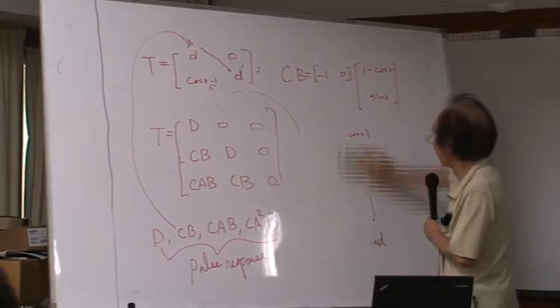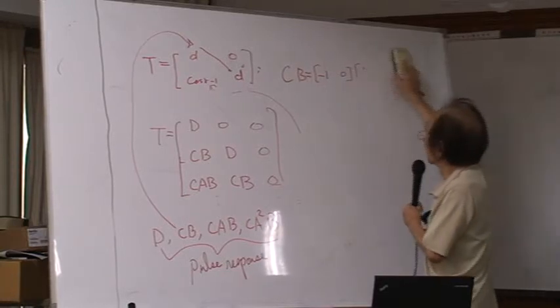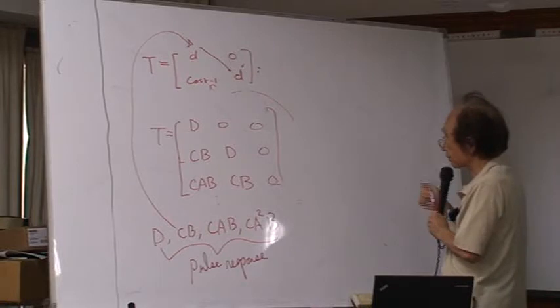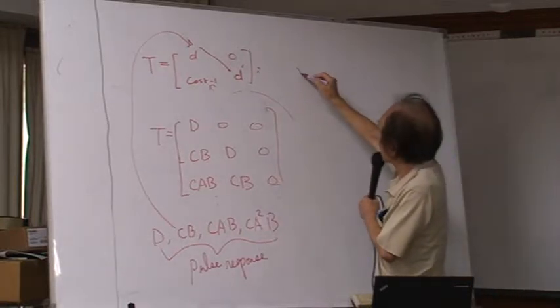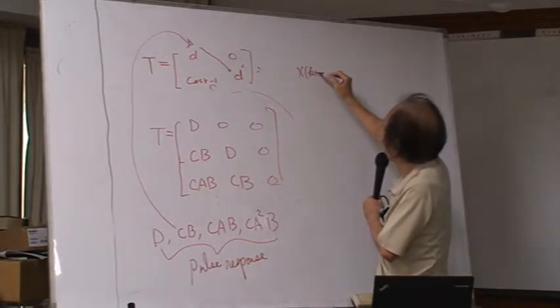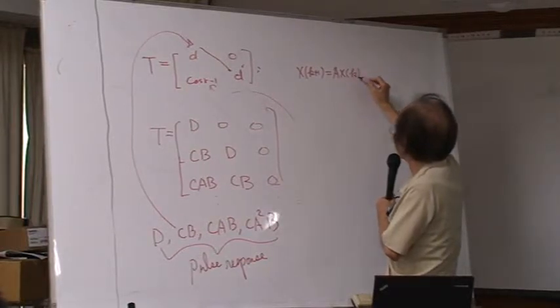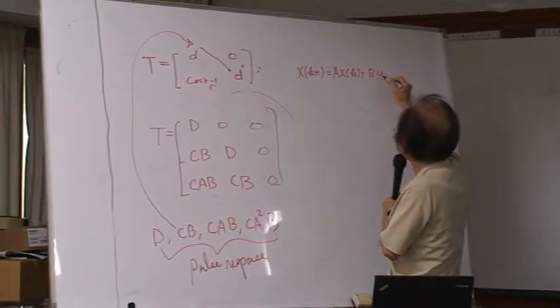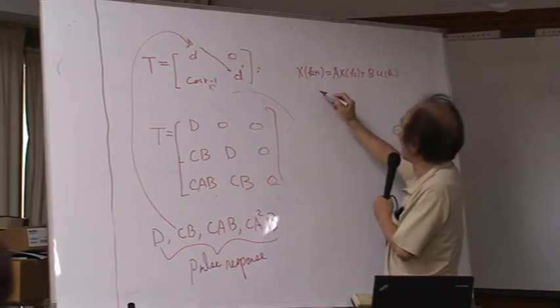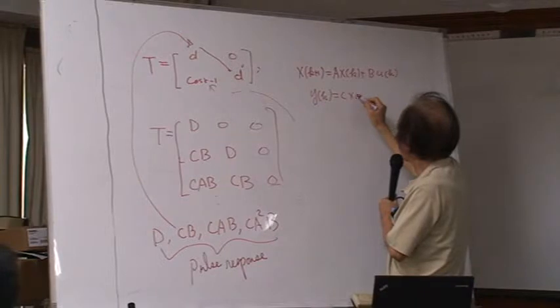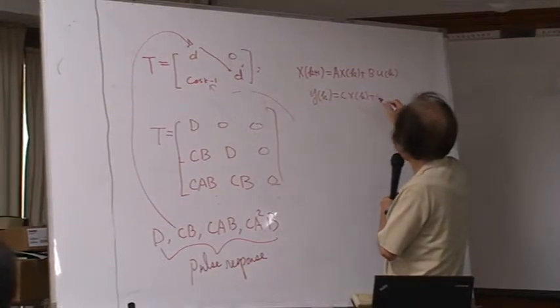All right. Let's do this. You have a model x k plus 1 equal to A xk plus BUK and YK equal to CXK plus DUK.